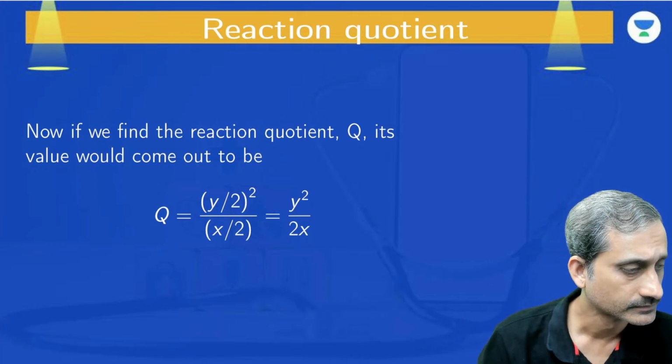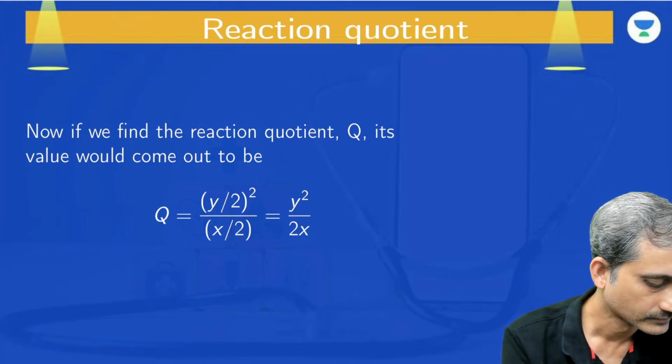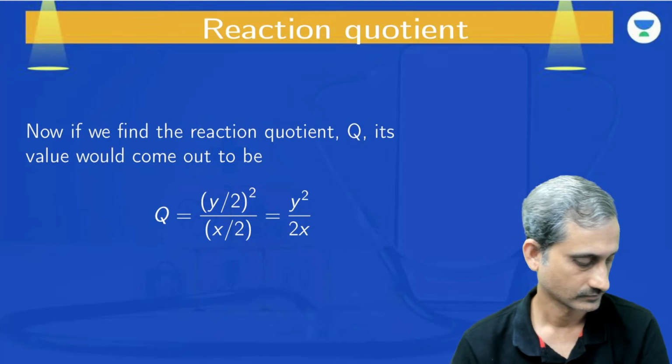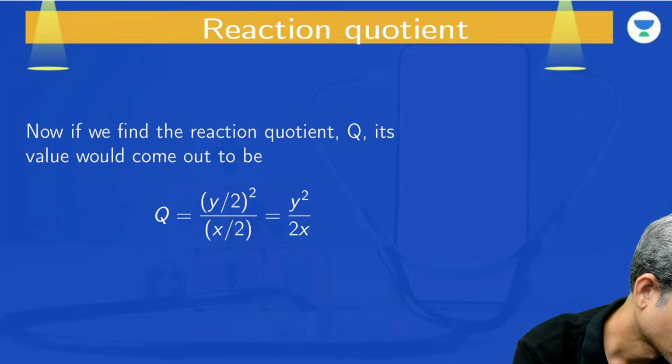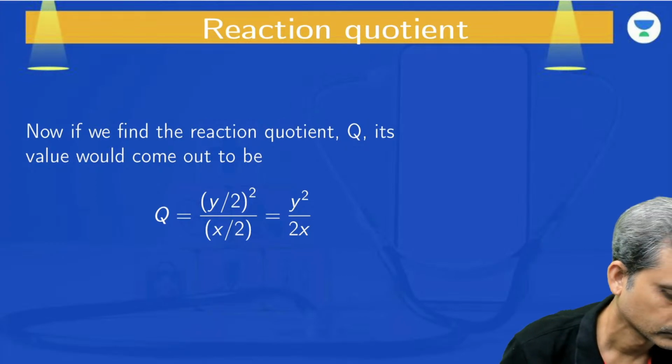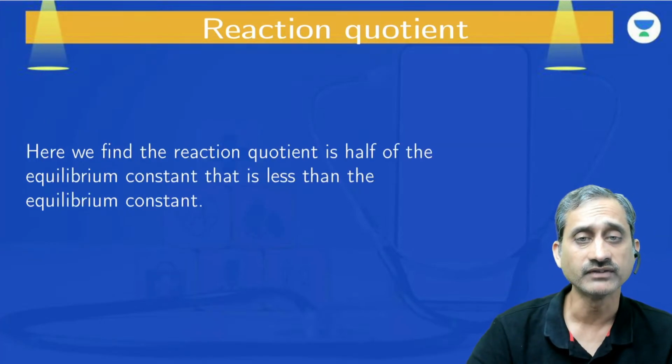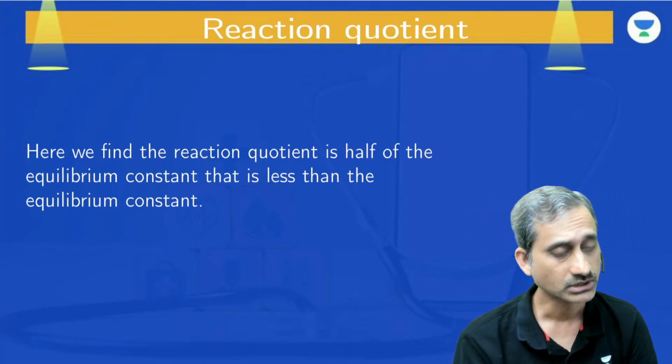Got it? Okay. So now what we find is if we increase the volume, we decrease the pressure, the reaction shifts in the forward direction.